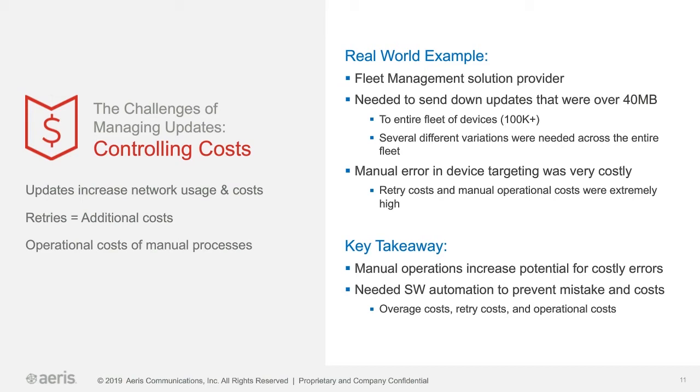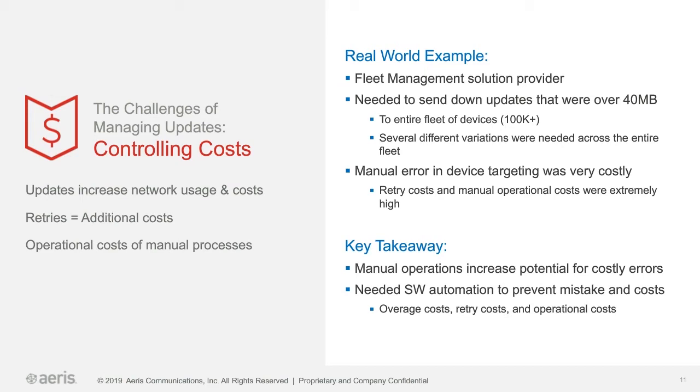If you sent down the incorrect update, the device would not know what to do with it, and it would just be a wasted 40 megabyte transaction on the cellular network. And because they were using a manual process of tracking the devices, identifying the devices, and then tracking the results, manual, as we all know, introduces the element of human error.